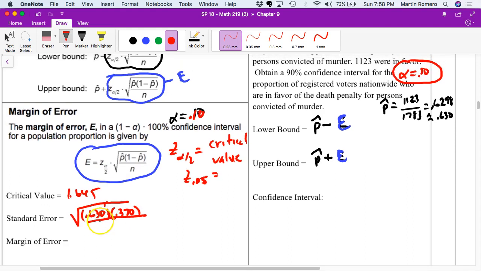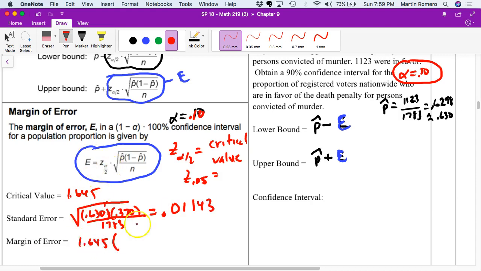N in this case was 1783. And so we would have to calculate that value. 0.630, 0.01143, and then the margin of error is going to be equal to 1.645.